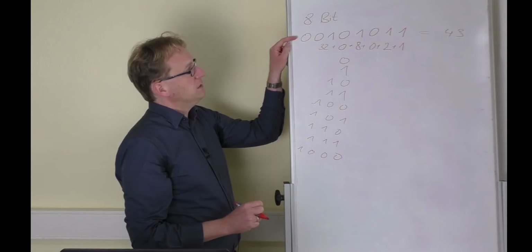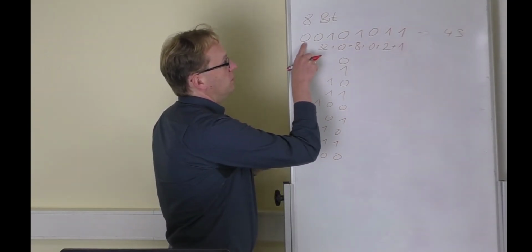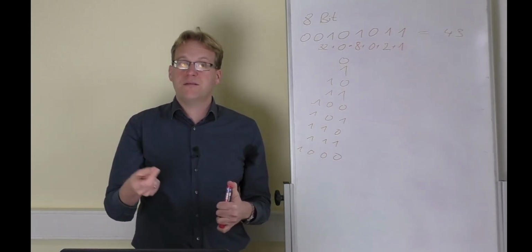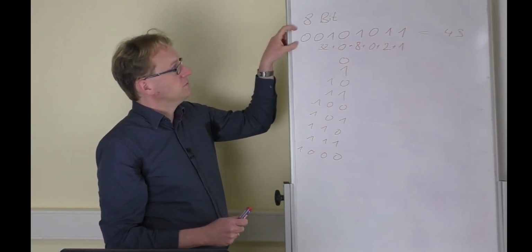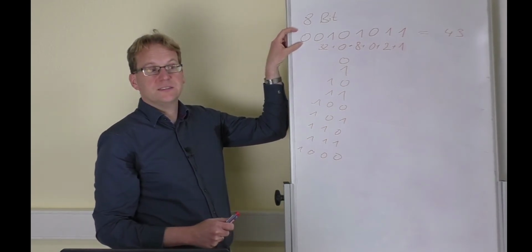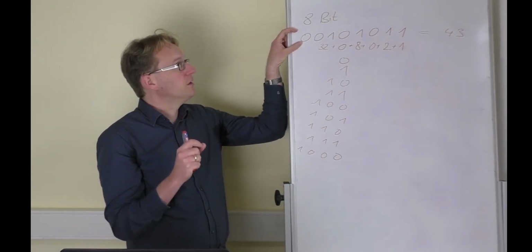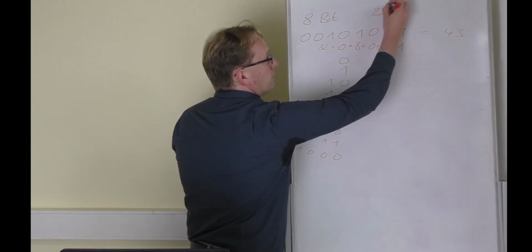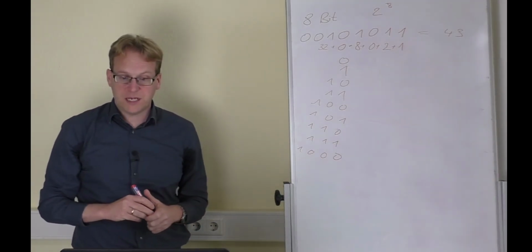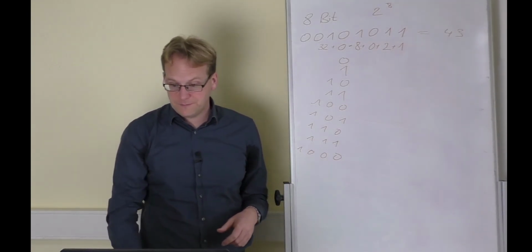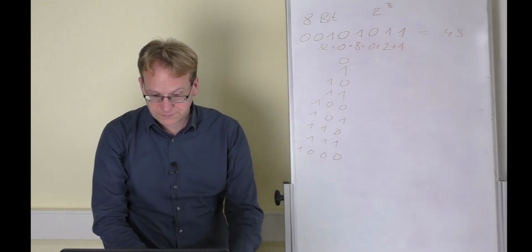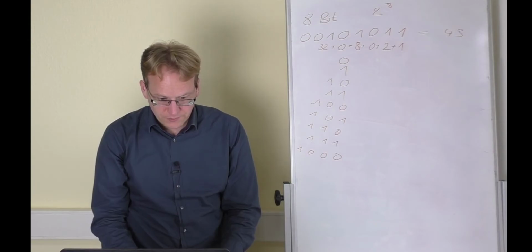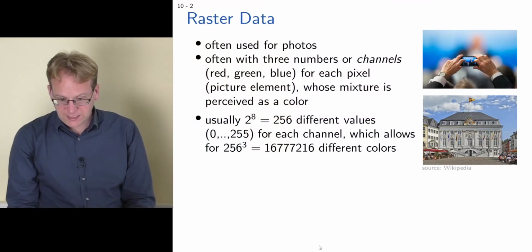And if we have 8 bits, of course, with every bit, we increase the number of binary numbers that we can display by a factor of 2. So therefore, with 8-bit, we have 2 to the power of 8 different binary numbers that we can display. Okay, let's switch back to my slides.